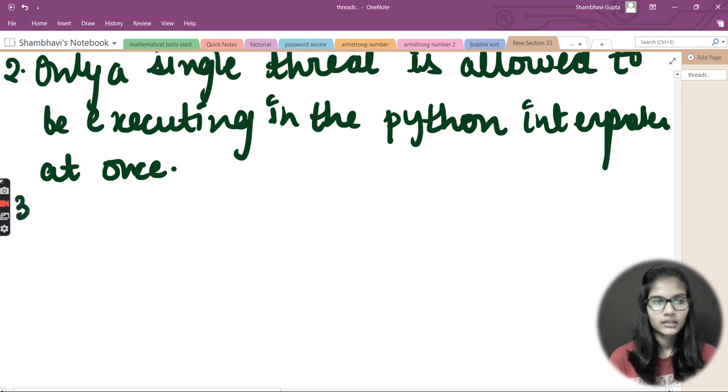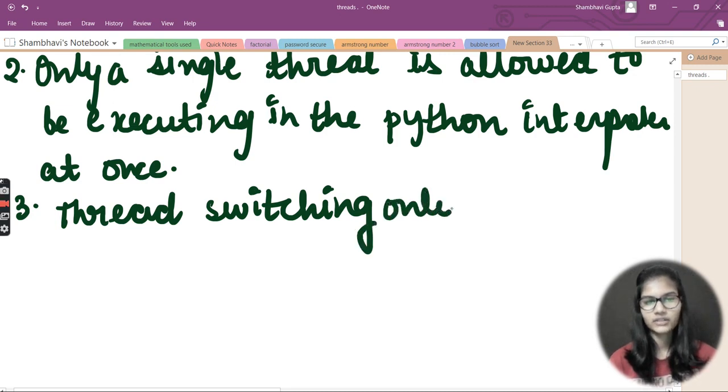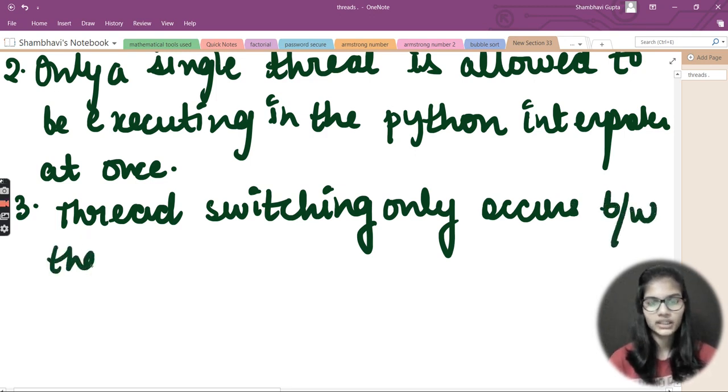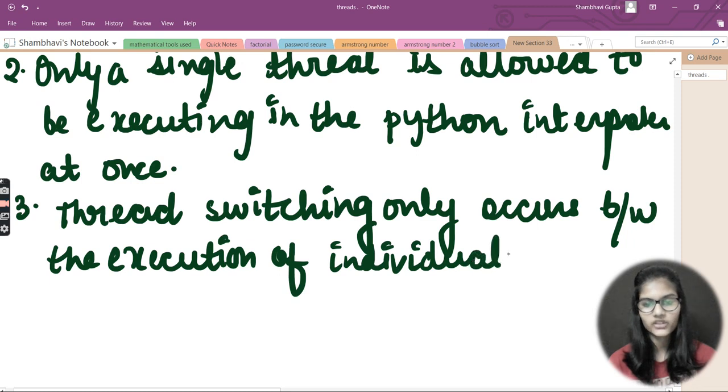Okay, now let's move towards the third one, and that is thread switching. Thread switching only occurs between the execution of individual byte codes.